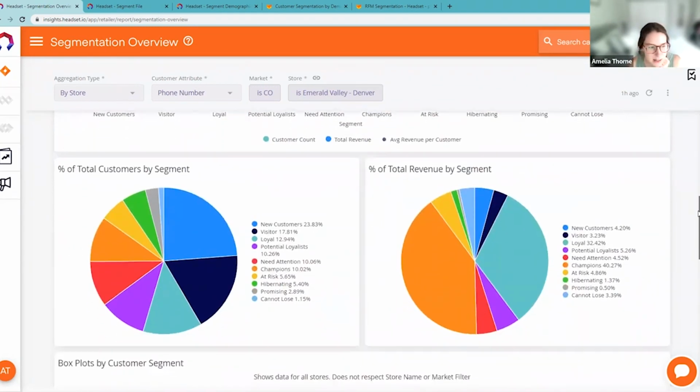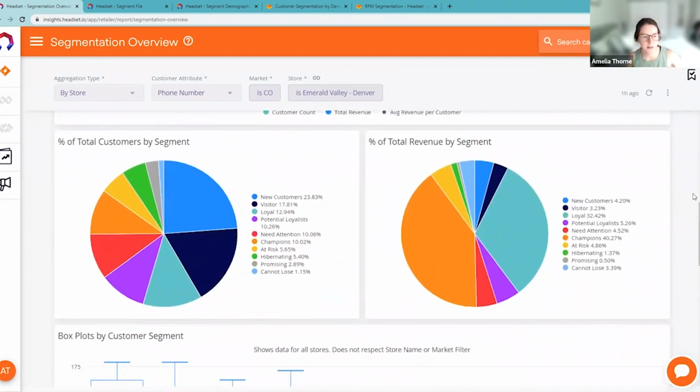All right, and then down here a little bit is just a couple of other visuals. I always find this kind of interesting. So you can see what percentage each segment makes up of your customers that are shopping at your store, and then what the total revenue looks like for each of those. So of course, Champions, they don't make up a huge piece of the pie in terms of customer count, but obviously they make up a huge piece of the pie in terms of total revenue.